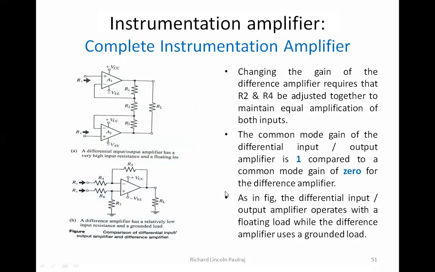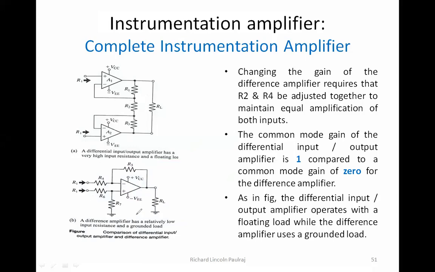Now, changing the gain of this difference amplifier requires that I play with R2 and R4. So R2 from here and R4 from here, if I want to change the gain of this difference amplifier. If I just want to change the gain of the differential input output amplifier, I'm going to change R2.